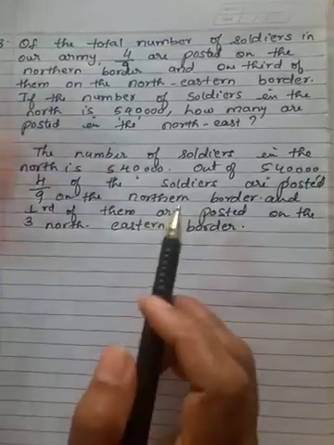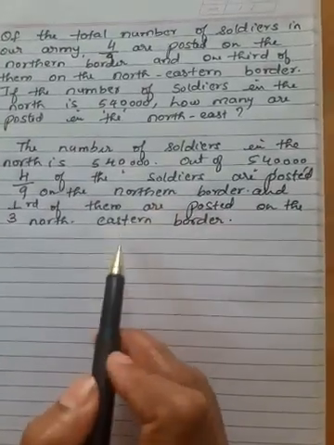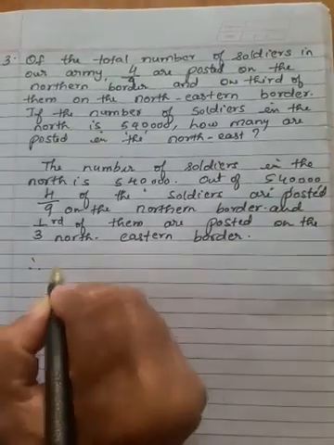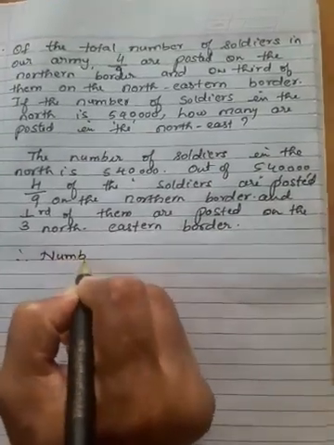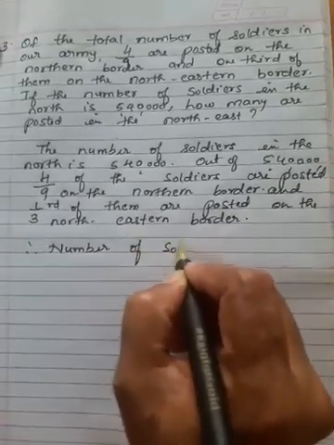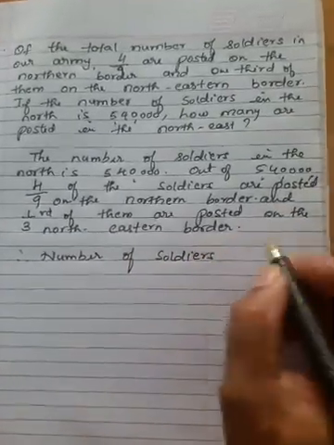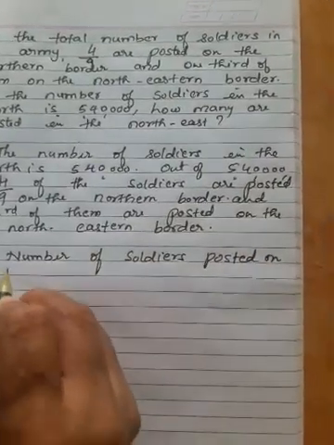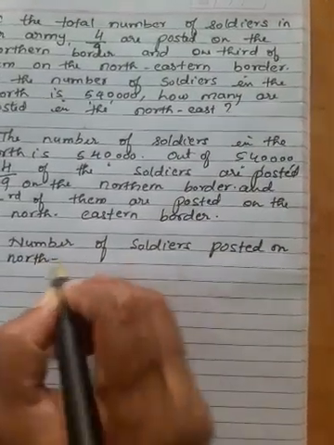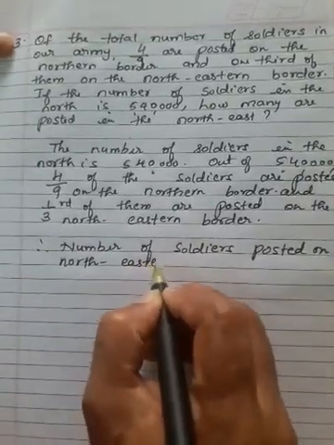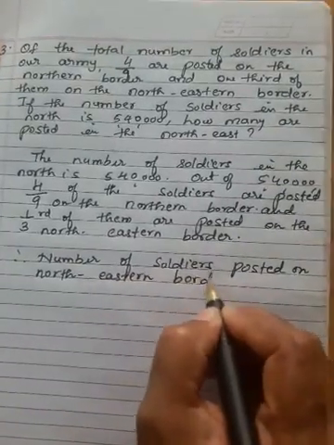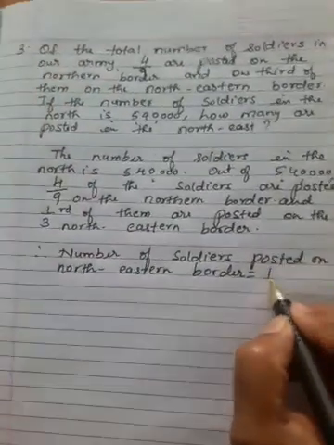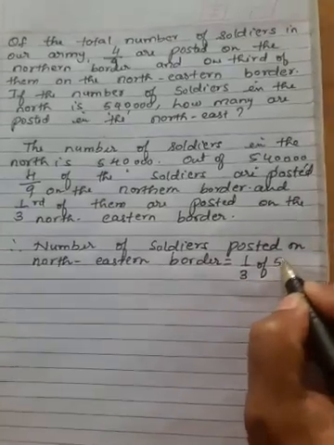So now what do you have to find out? How many soldiers are posted on the northeastern border? So the number of soldiers posted on the northeastern border is equal to 1/3 of 5,40,000.